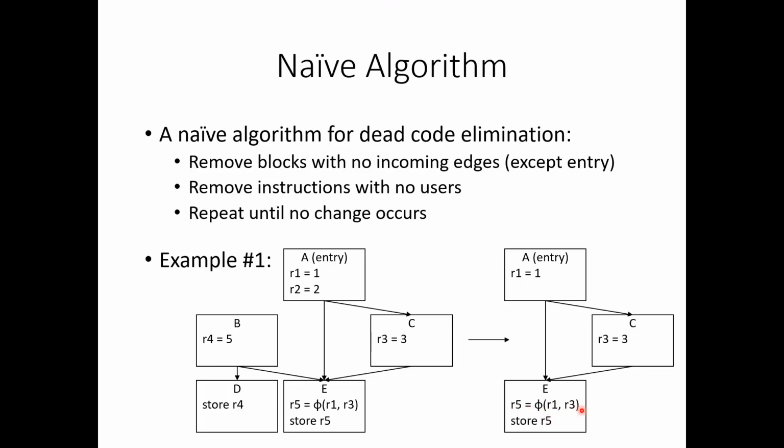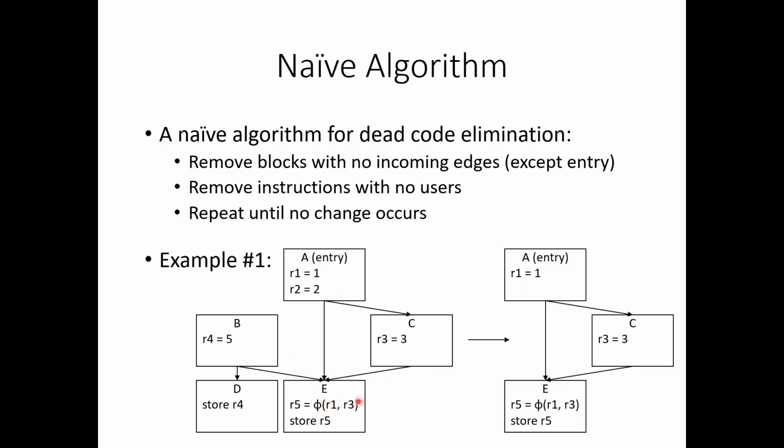That's from B. Shouldn't it be in E because we have an edge from B to E? Oh, you're saying that the phi function here should have also something that's coming in from B. Yes, you're right. So here, because I have 3 incoming edges, I'm supposed to have 3 input values right here. You're absolutely right.